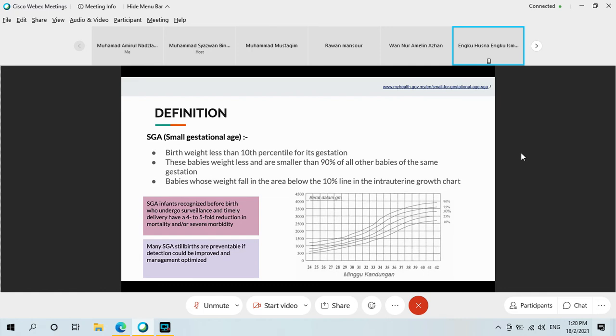So in this kind of patient you still diagnose as FGR despite dia punya chart is at the other centile. And then in terms of that, you must review dia punya liquor volume. In terms of you have a crossing centile, you can say this baby is FGR. Or you have SGA with AFI less than 5 pun you can say this is FGR.